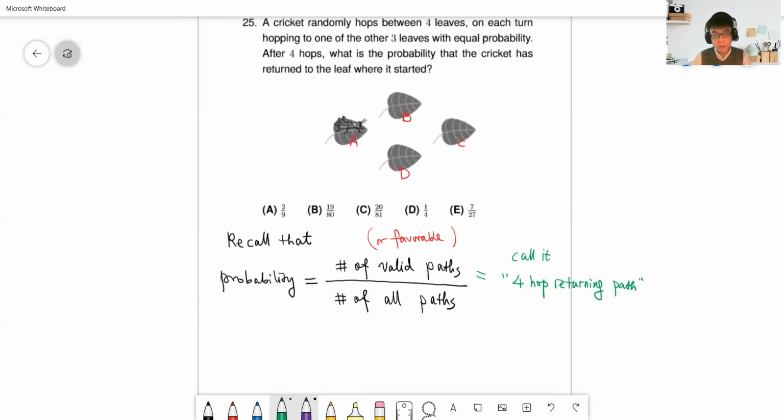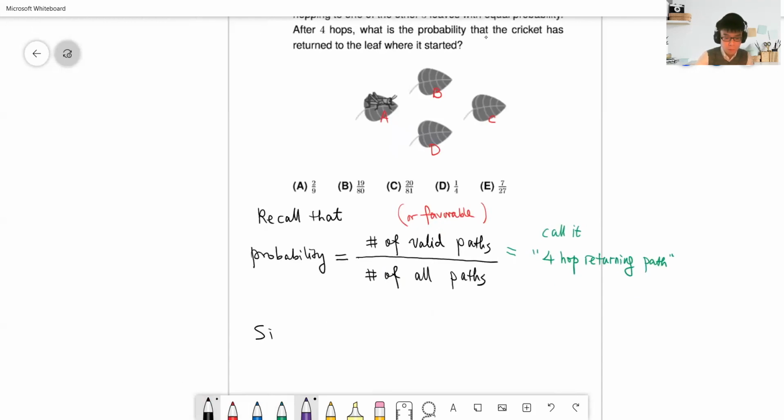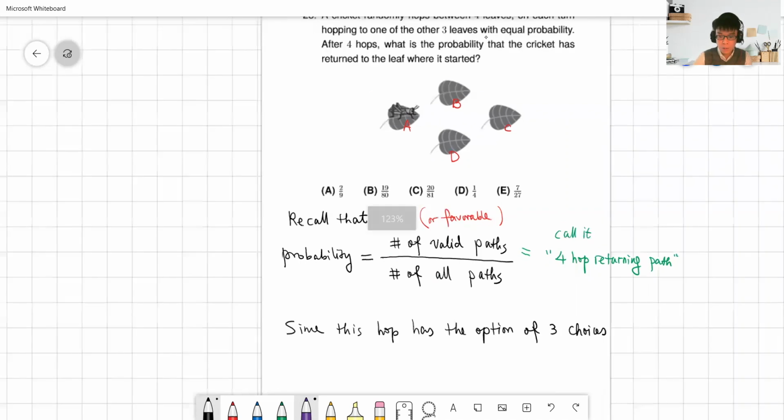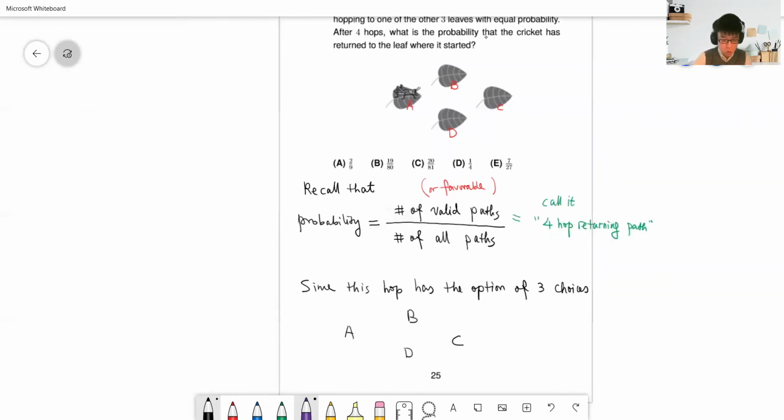Let's first calculate the number of all paths. Since each hop has the option of 3 choices, for example, if the cricket starts from A, the first hop, the cricket could hop to B, to C, or to D. So the first hop, there are 3 options.